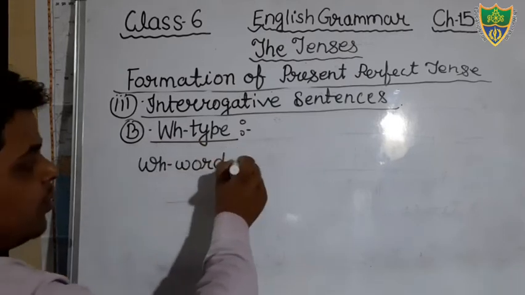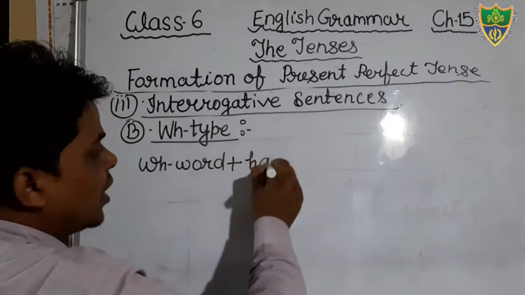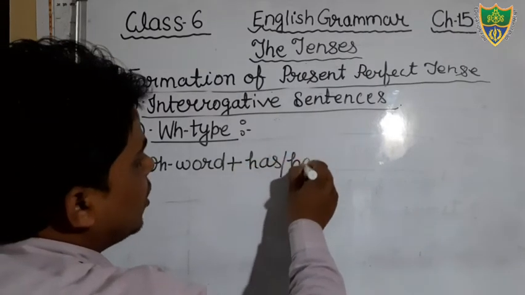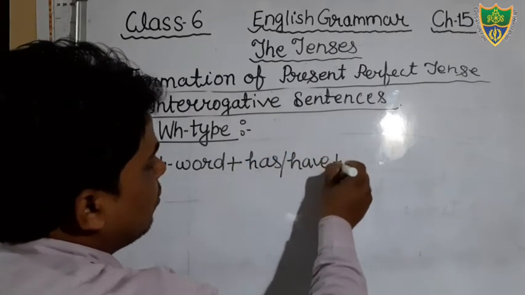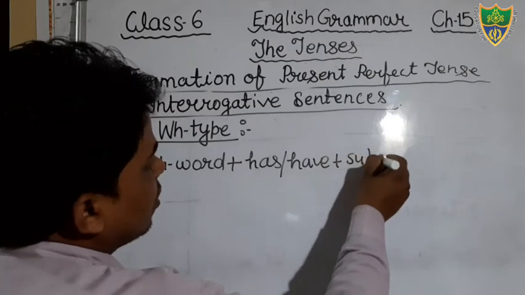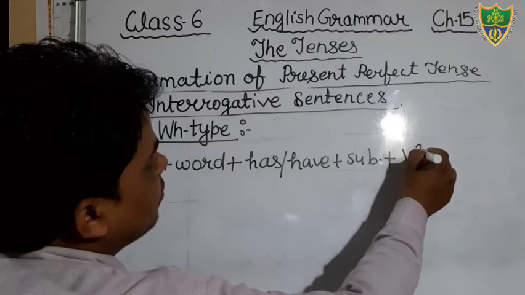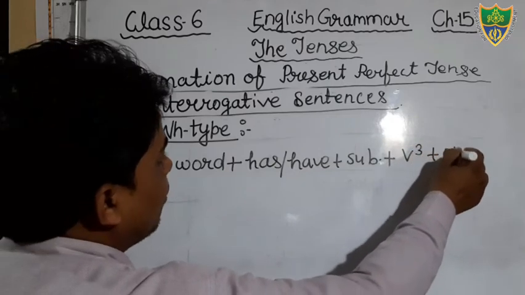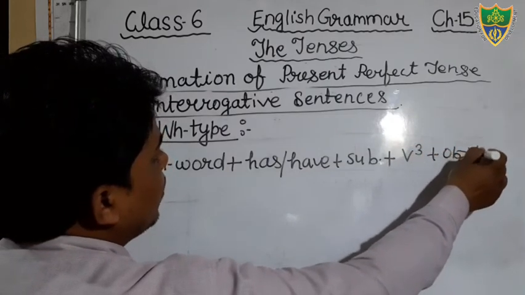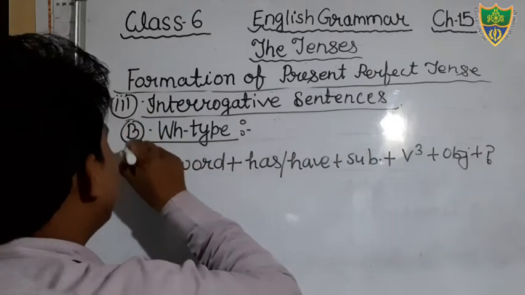Okay, then after that you will use has and have according to the subject, then you will use the subject. Okay, then you will use the third form of the verb, then you will use the object, then you will use the question mark. This is your structure.